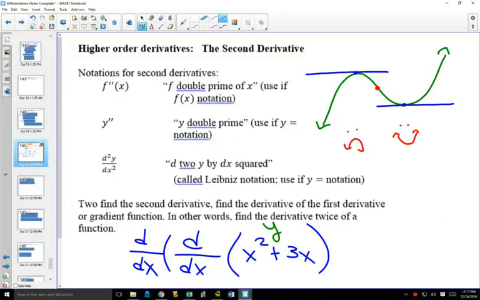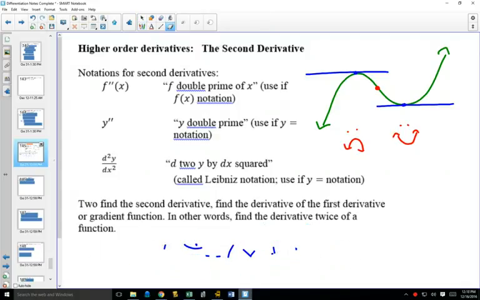That's why it's d2y. The d squared happens between the d and the y. And the bottom happens twice, but they don't actually put brackets on the bottom. But I think that's where it comes from. But you don't care where it comes from. You just go, okay, that's new notation.